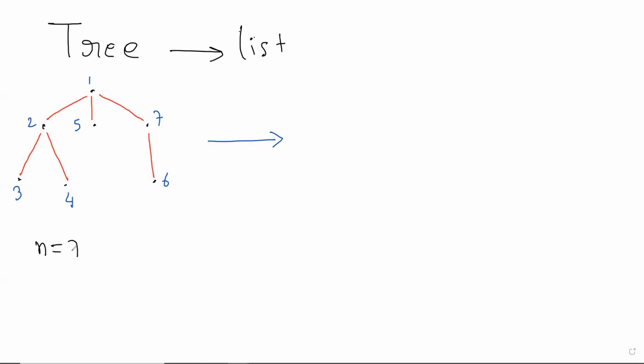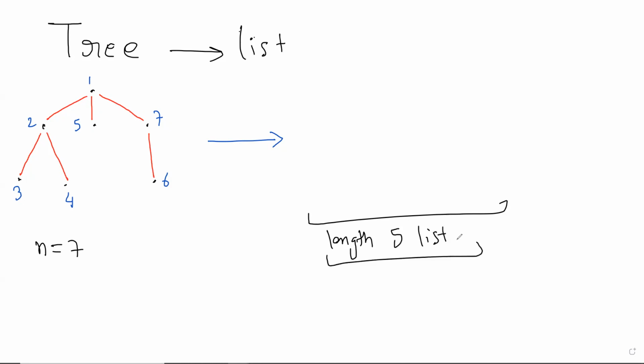So you have n equal to 7. So we want a list here of length 5. Remember, you want a list of length 5 here, not 7. It is kind of an ordering, but it's a bit more complicated than that.